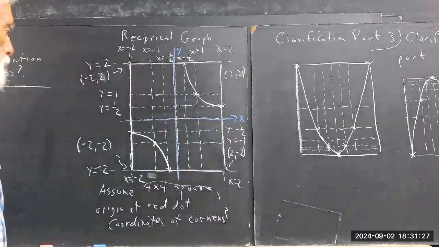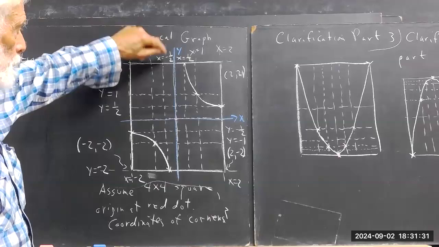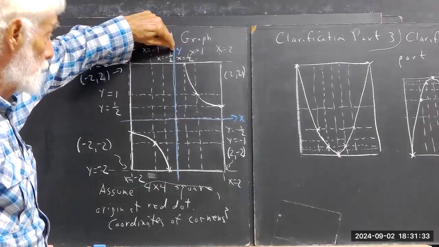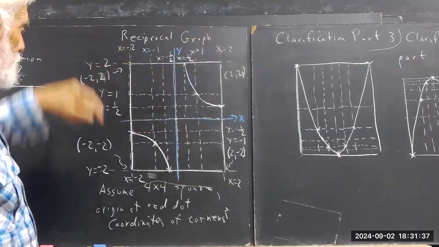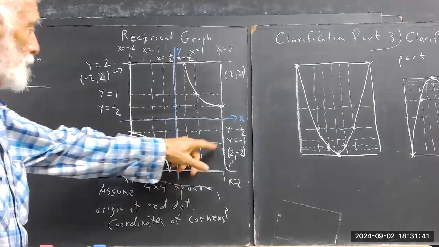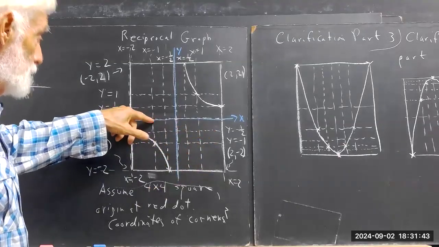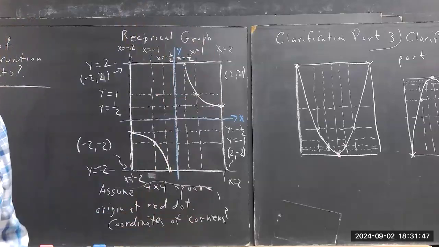If you read the x coordinates: -2, -1, -1/2, 0, 1/2, 1, 2. And then the y coordinates: -2, -1, -1/2, 0, 1/2, 1, and 2. Same numbers exactly.